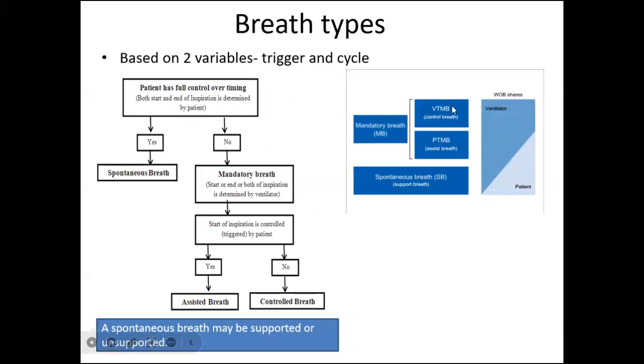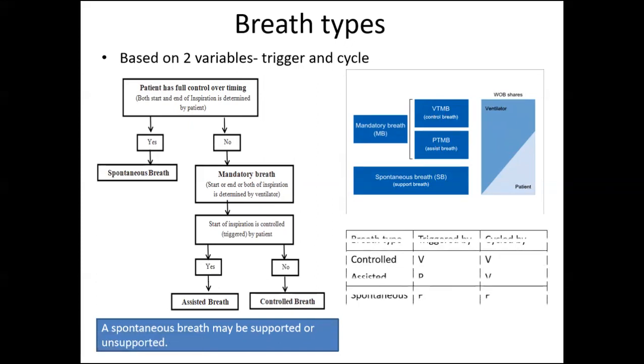In mandatory breathing, if it is ventilator triggered, that is called a controlled breath. If the patient triggers, it is an assisted breath. In spontaneous breath, it's entirely the patient. So work done by the ventilator will be more in mandatory breath. Work done by the patient will be more in spontaneous breath. It can interchange if you add pressure support.